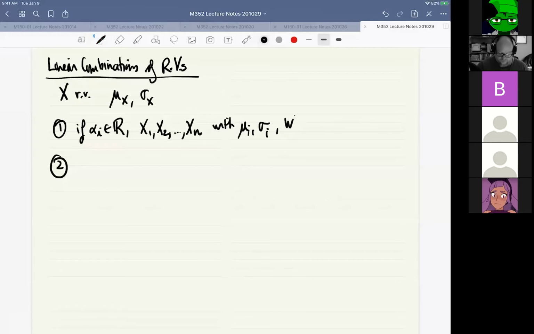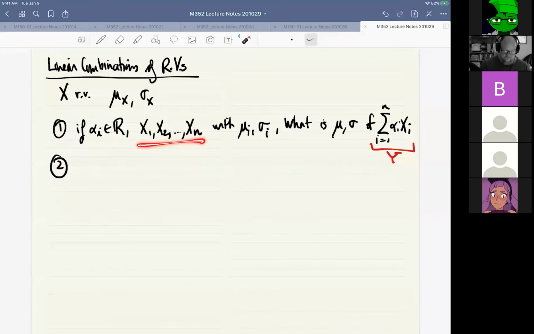I can ask, what is the mean and standard deviation of the combination of these random variables? That is, I make a new random variable by adding up constant multiples of these old random variables here. What can I say about the mean and standard deviation of this new random variable? I'll tell you what that is today. You'll see it and you'll say, well, yeah, of course, that's absolutely clear.